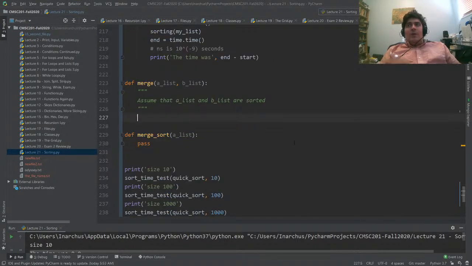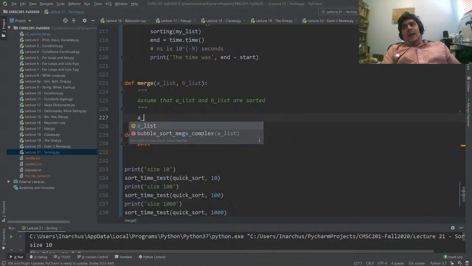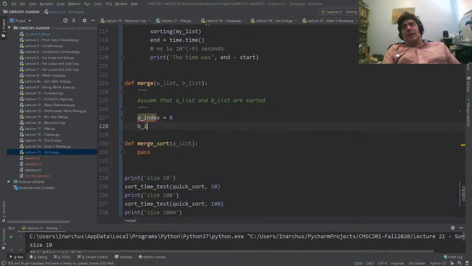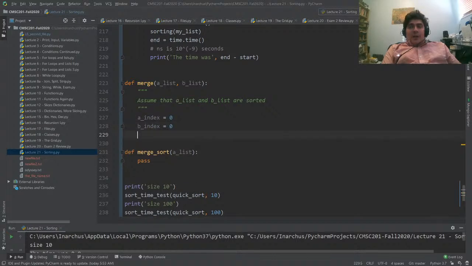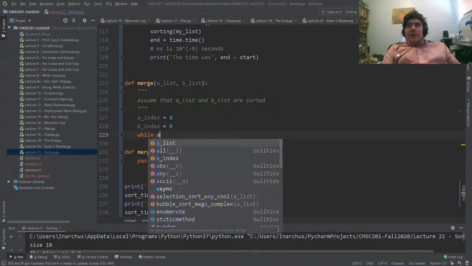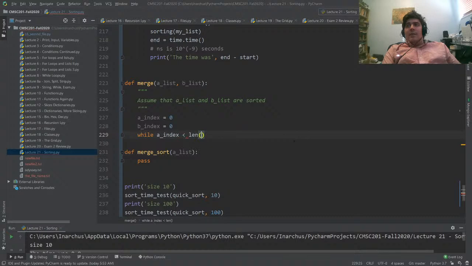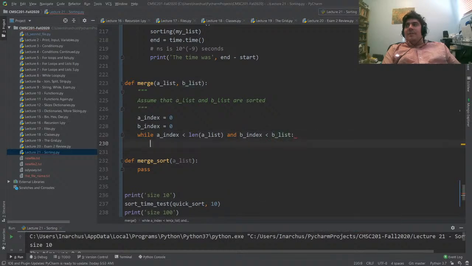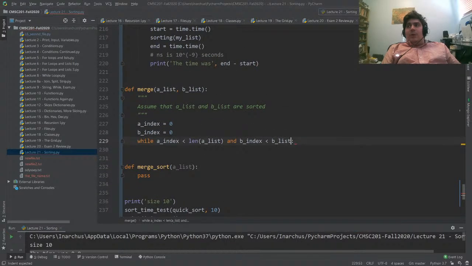So basically what you want to do is say A index equals 0, B index equals 0, while A index is less than the length of A list, and B index is less than the length of B list.